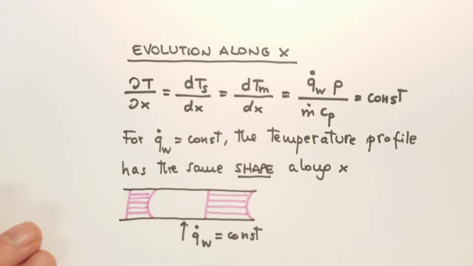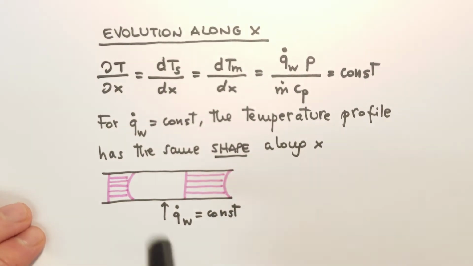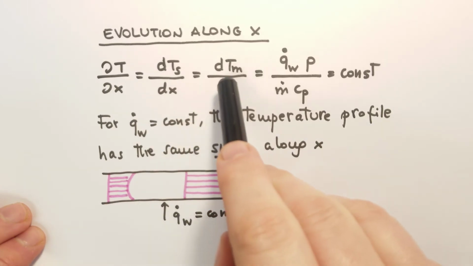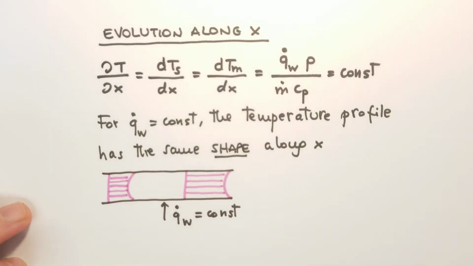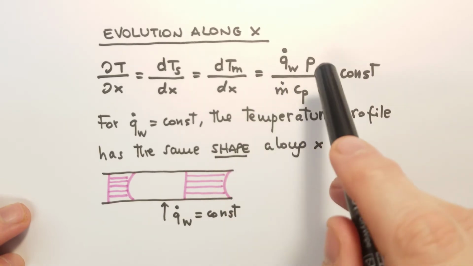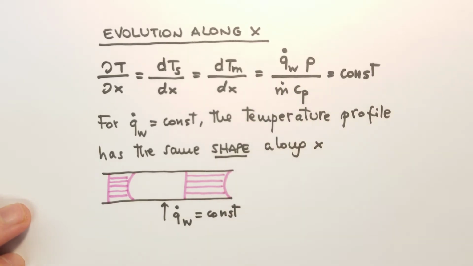So a bit of maths can also show that the partial derivative of T in x at any location r, the radial coordinate, is equal to the gradient of Ts over dx and dTm over dx. And this one is equal to Q dot times the perimeter divided by m dot Cp.